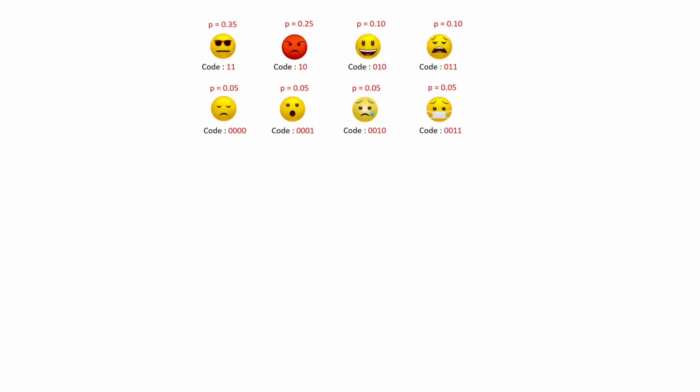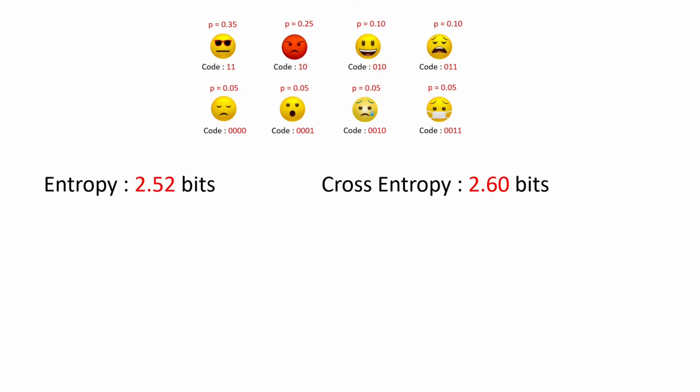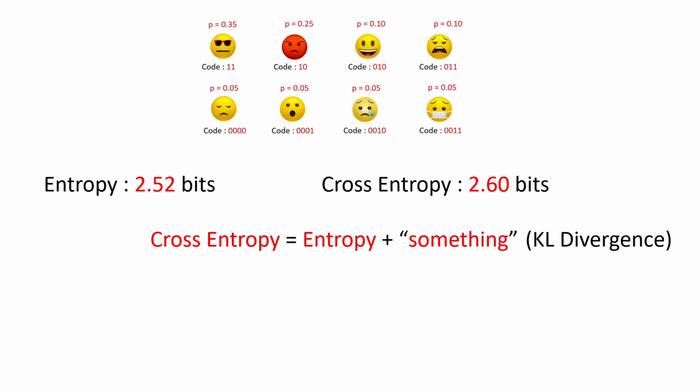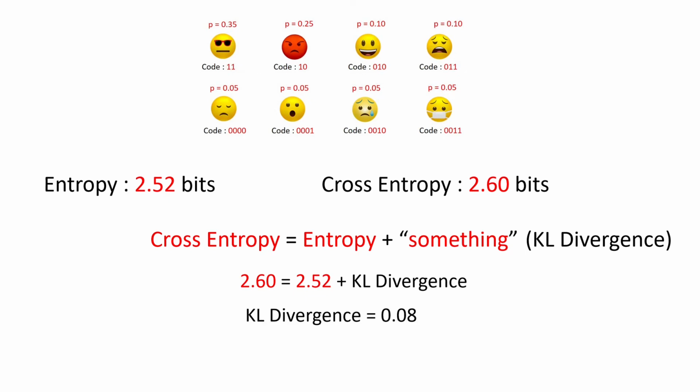If you remember, we calculated the entropy for the true distribution, or the emoji distribution, and we got 2.52. Now we have also seen that cross entropy is equal to entropy plus something else, which we called KL divergence. So 2.6 equal to 2.52 plus something, the KL divergence. Now it turns out that the something is 0.08.